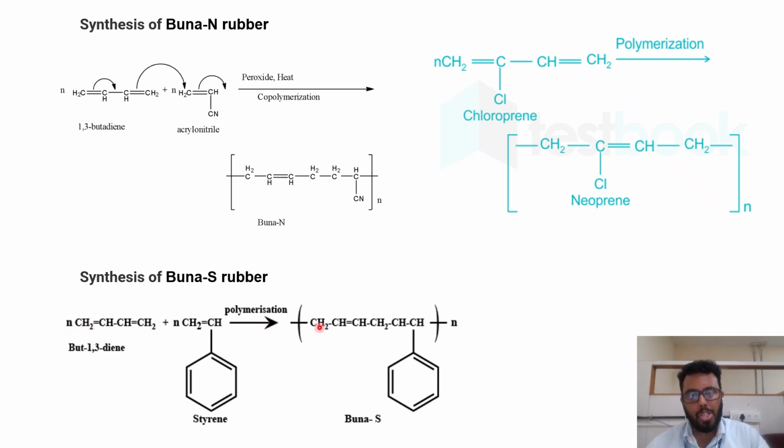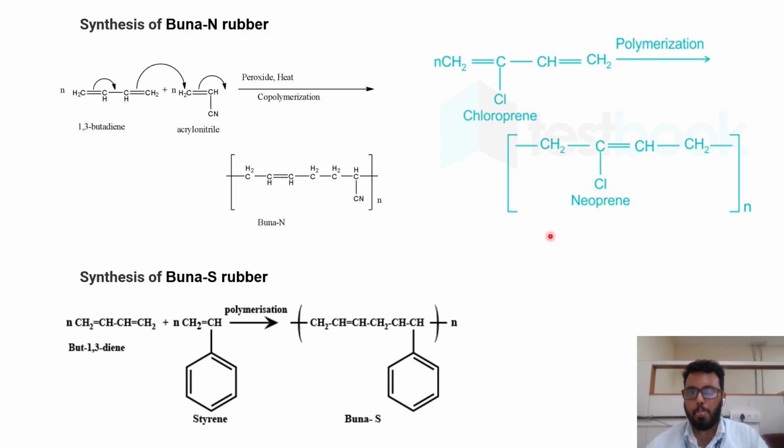Can you see that CH2 single bond CH, and this will be moving to here. So second and third carbon you will have double bond, and this third and fourth carbon will have single bond. Obviously this will move to the next one and it will get attached with the CH group of the styrene, and the structure will be repeating like this.